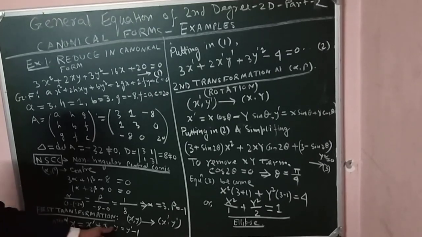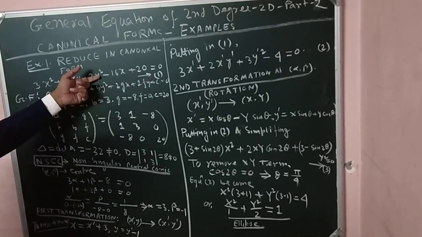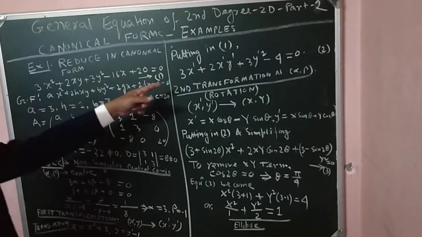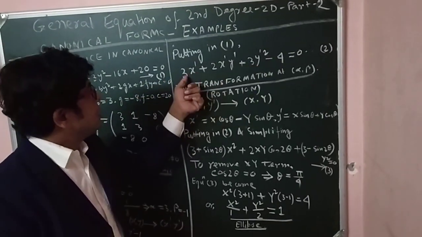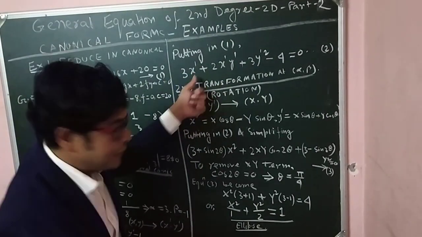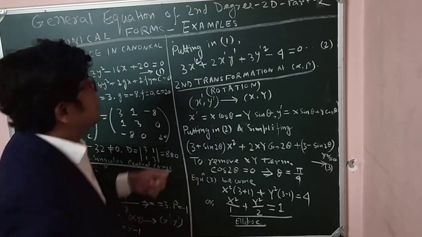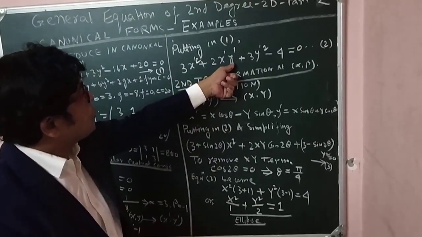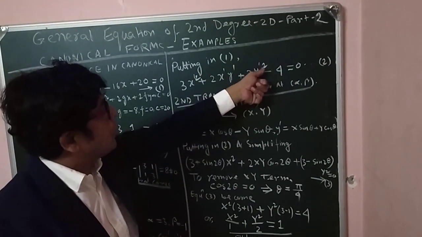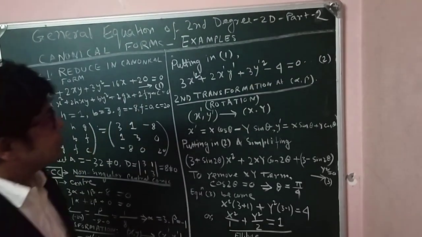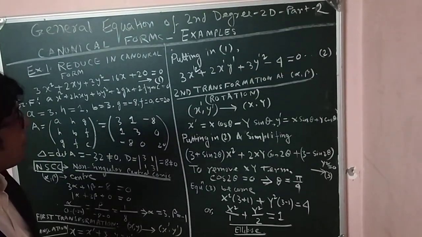We put this x and y into equation number 1 and simplifying, we get the equation in the form 3x dash square plus 2x dash y dash plus 3y dash square minus 4 equal to 0. This is number 2.